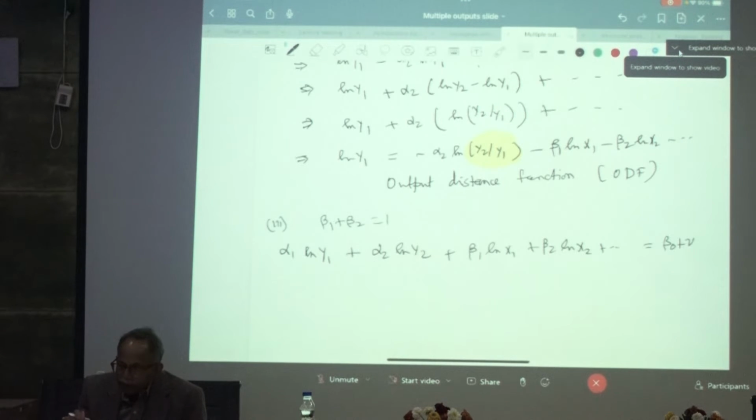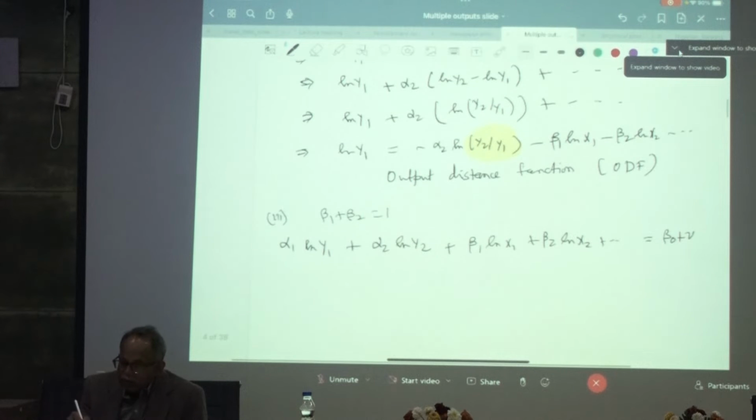Then again you do the same manipulation that I was doing. If this is the case, you can write beta 1 as equal to 1 minus beta 2, and then replace beta 1 in here by 1 minus beta 2, and go through the lines that I was doing. If you do that, you will get an expression that looks like this. Log of x1 is equal to, on the right hand side, minus beta 2 log of x2 over x1.